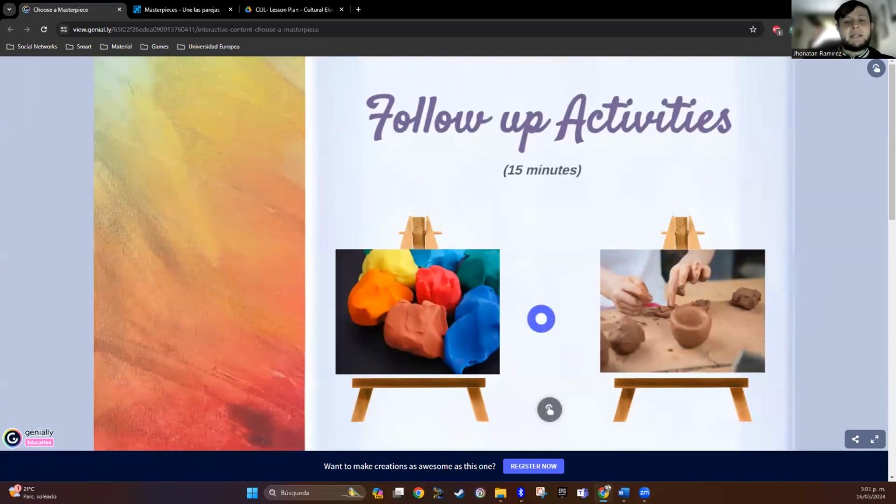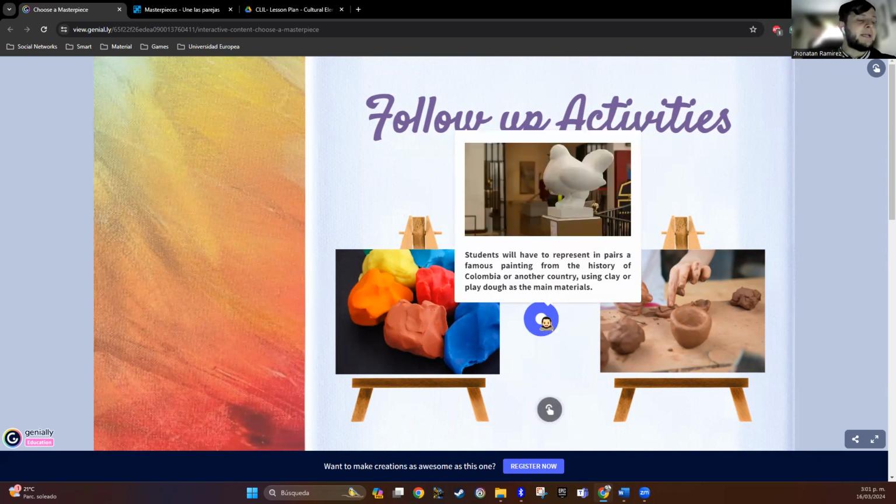And in the last stage of this proposal, if we continue talking about the importance of learning about cultural elements in real life situations, it will be related to the Colombian context. Students will have to represent, to symbolize or portray a sculpture from Fernando Botero or another famous painter or from another country using clay. Why clay?